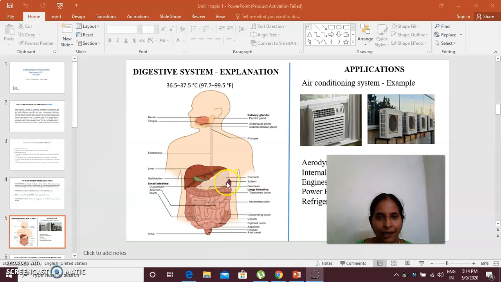The best explanation for thermodynamics can be given by the digestive system of the human being. You all know that the temperature prevailing inside our body is between 36.5 to 37.5 degrees Celsius, or 97.7 to 99.5 degrees Fahrenheit.